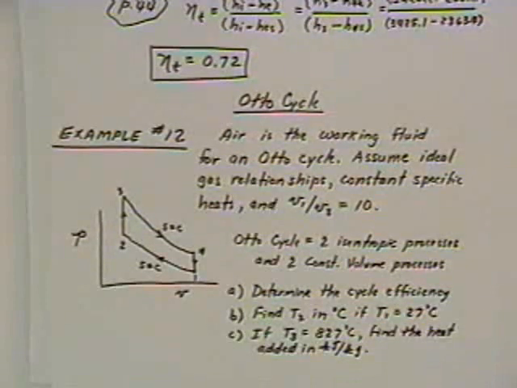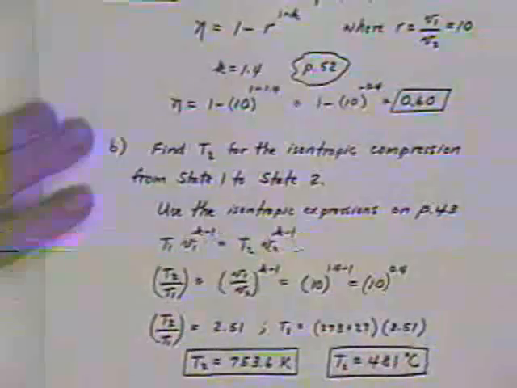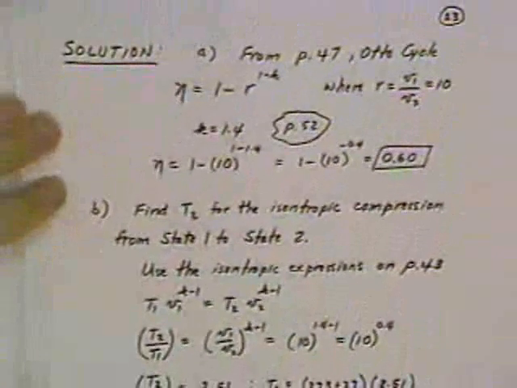So these are some very typical types of questions and problems that you might have to work on an Otto cycle where air or some other ideal gas is the working fluid. So let's go through now and do the analysis and determine what the solution is for this particular problem, first of all the cycle efficiency.